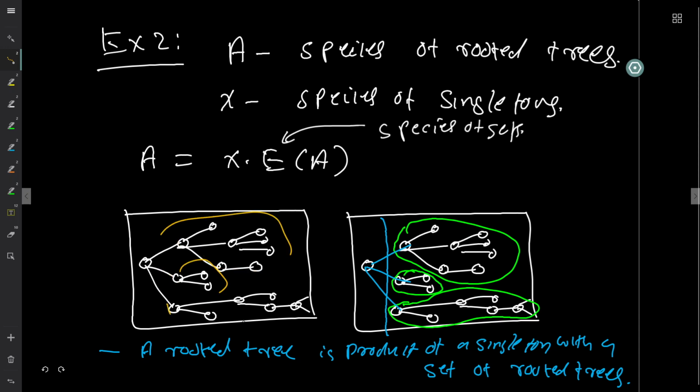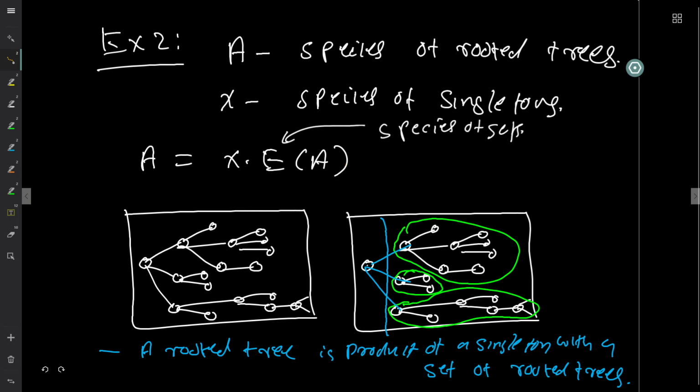The subtrees form a set, so it's a set of subtrees, which is E of A. Each of them is rooted because the main root that we removed is connected to these vertices, which makes them special vertices, which means that they are roots. So therefore, we get a set of rooted trees, which is E of A.